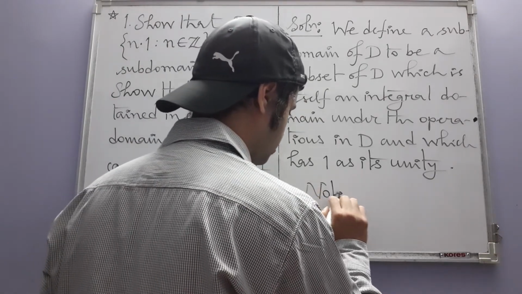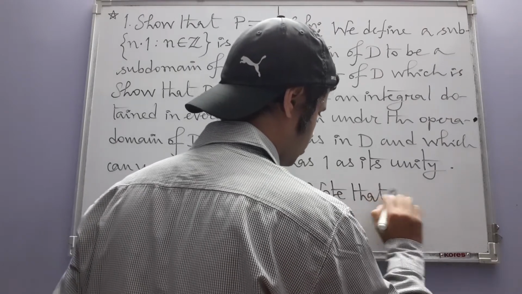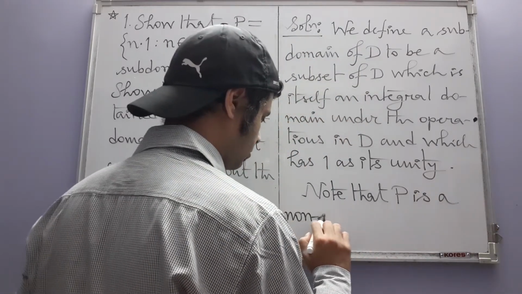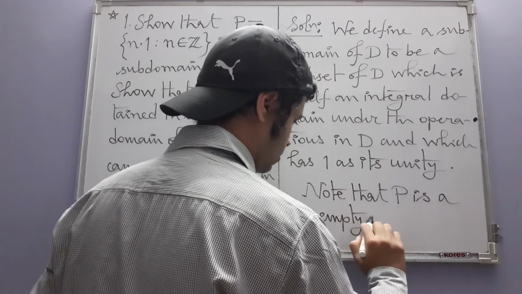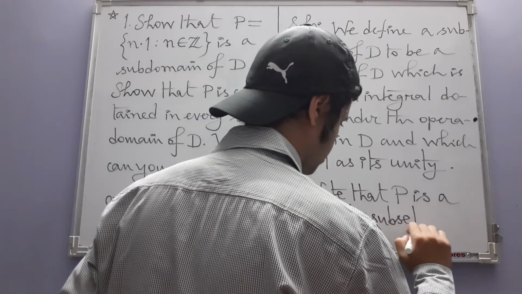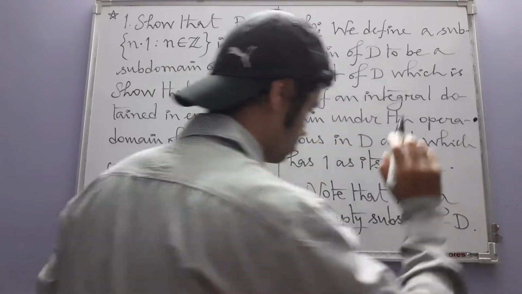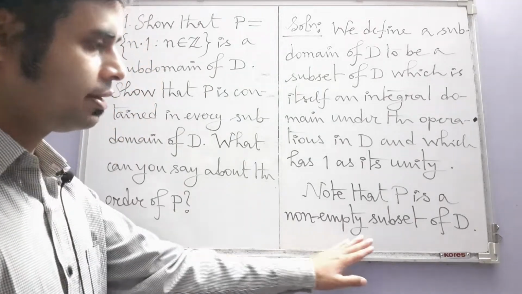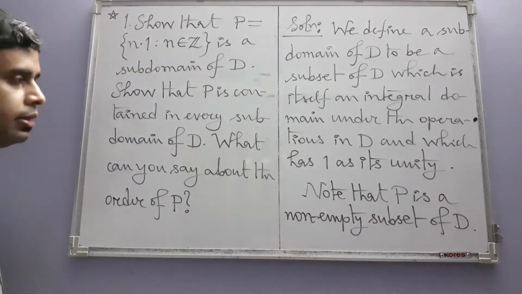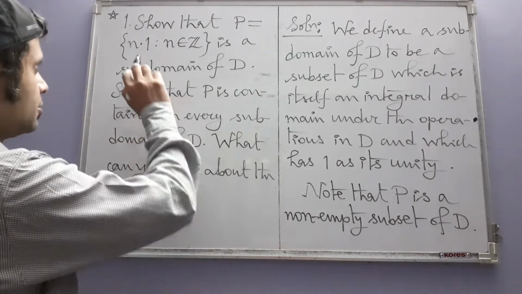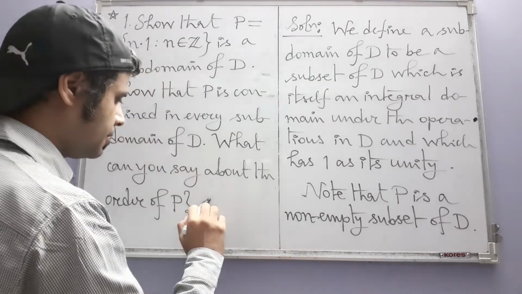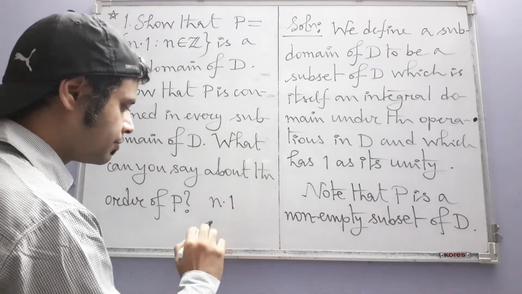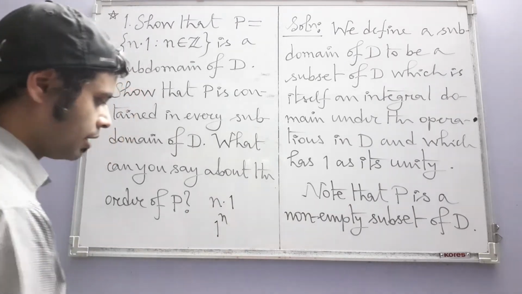Note that P is a non-empty subset of D. And by the way, how exactly is it a subset? That's because what are the elements in P? The elements in P look like this. That is, you understand that in the additive group D, it's the integral power 1 to the power n.